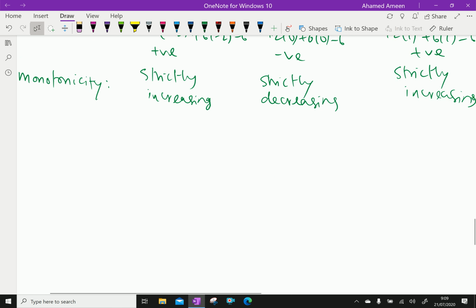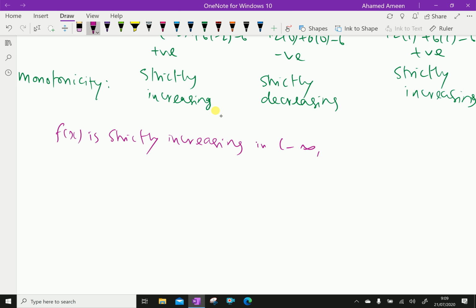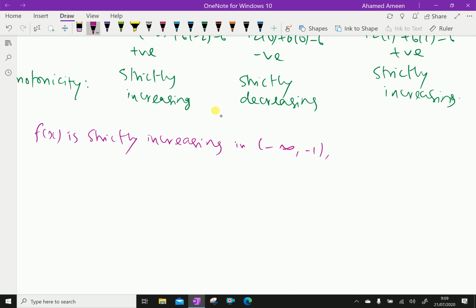Next, f of x is strictly increasing in minus infinity to minus 1 and half to infinity.